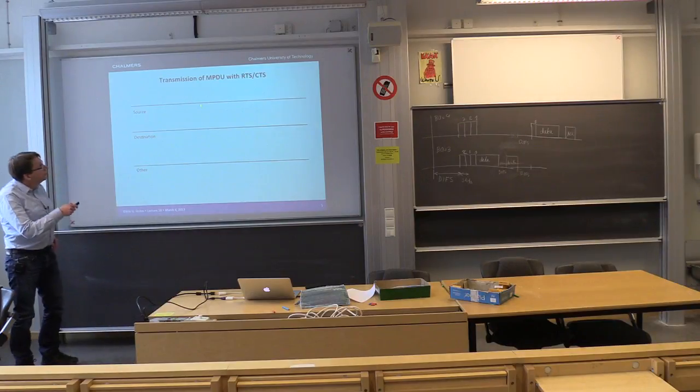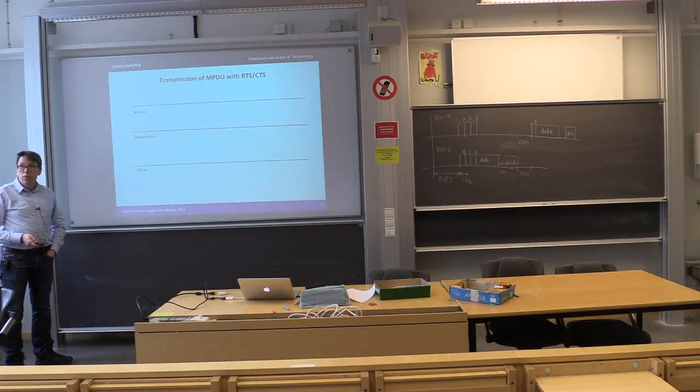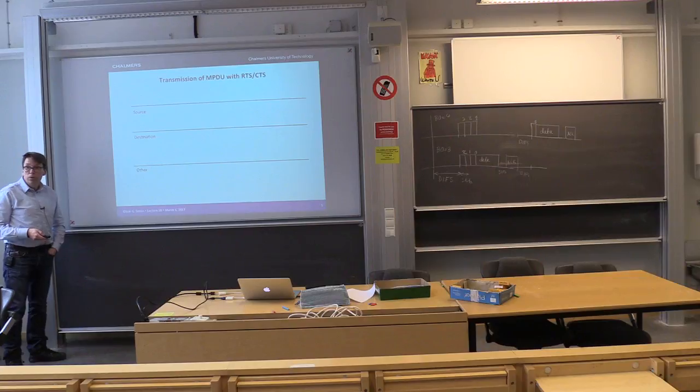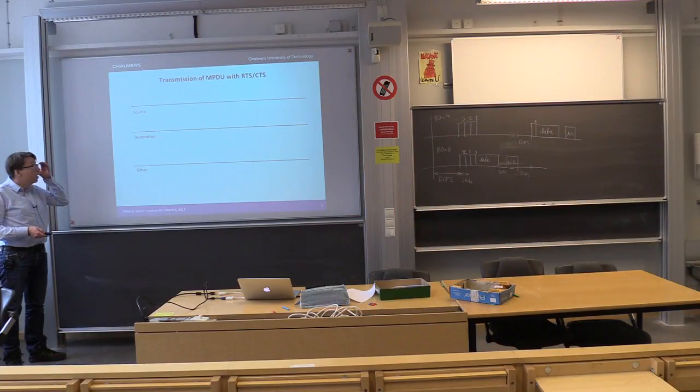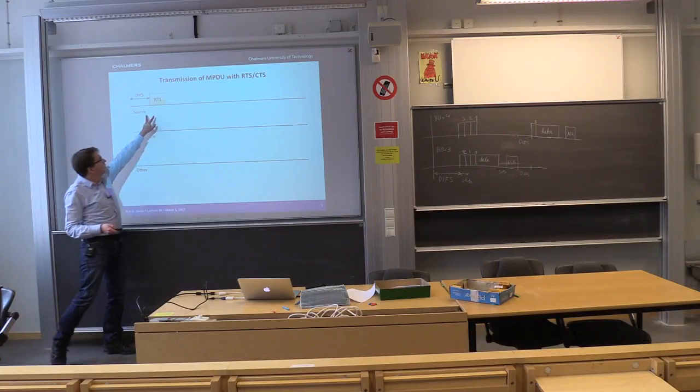If we do this RTS-CTS handshake before transmission, it's similar to what we did when we don't use RTS-CTS. But here, we have to wait for a DIFS, and then the source sends a request to send message, which is a control frame, much shorter than a data frame.